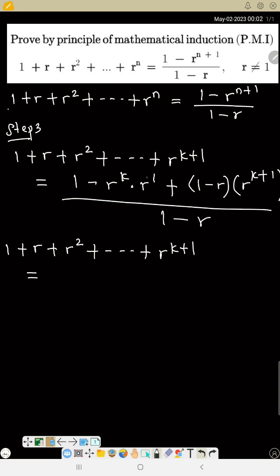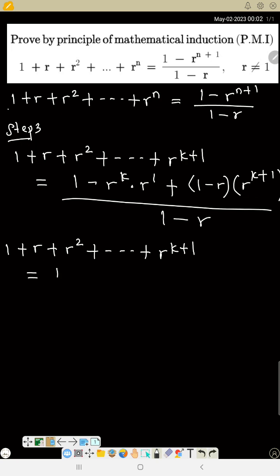You will notice this is 1 minus r here, but you can't factor it out here. So what are we going to do here now? So just expand this bracket.